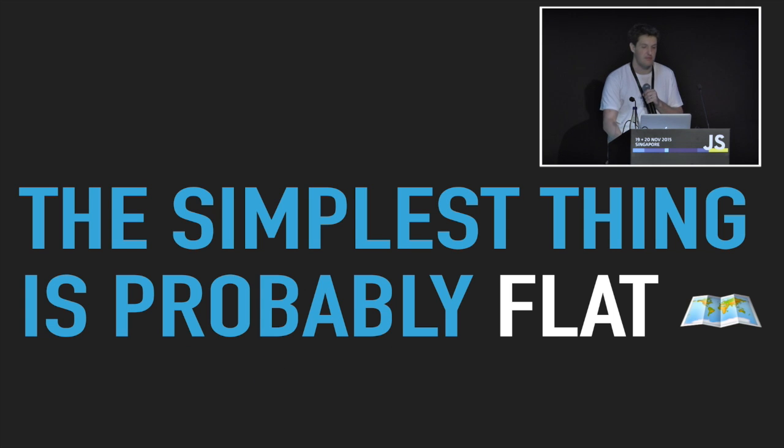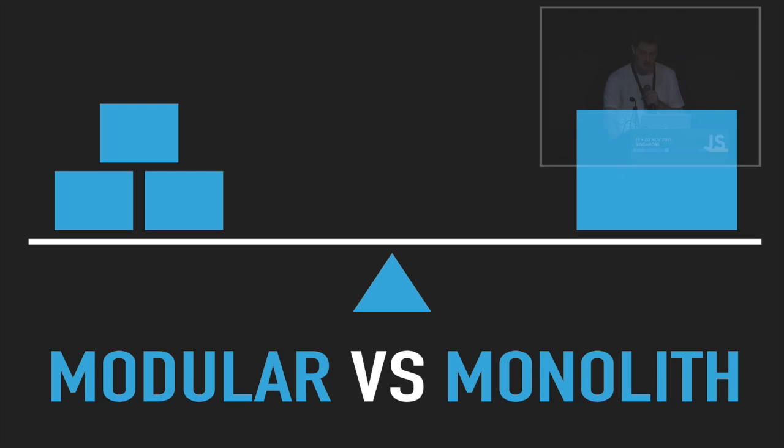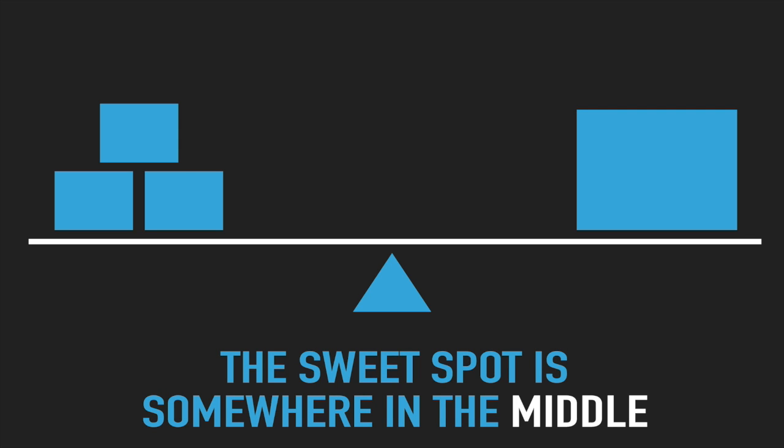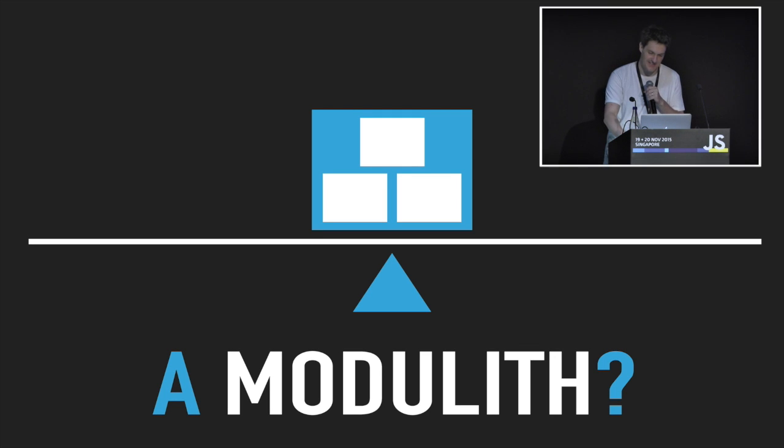So back to what this talks about, modular versus monolith. I've built things purely monolith and purely modular. The projects that I built purely modular are still in development. So I think that the sweet spot's probably somewhere in the middle.